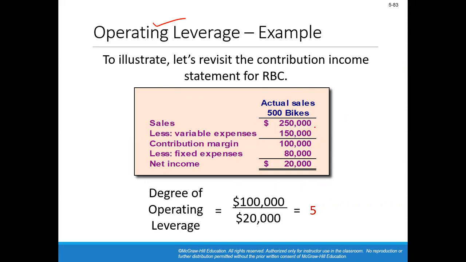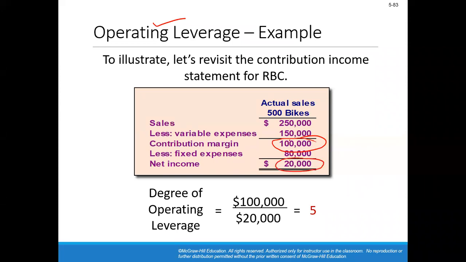We see that our contribution margin is this amount, 100,000. It is our numerator, and what is our denominator? Our denominator is net operating income.